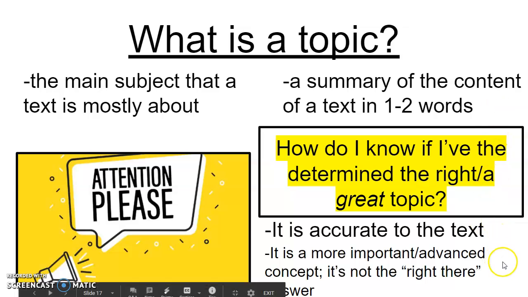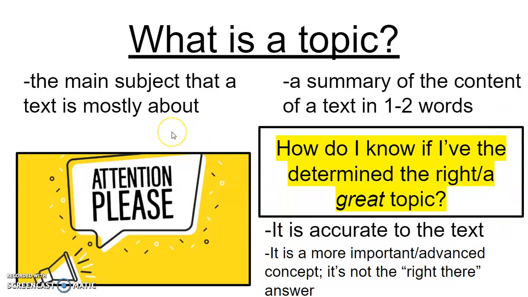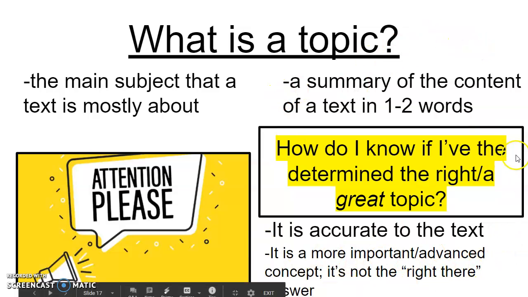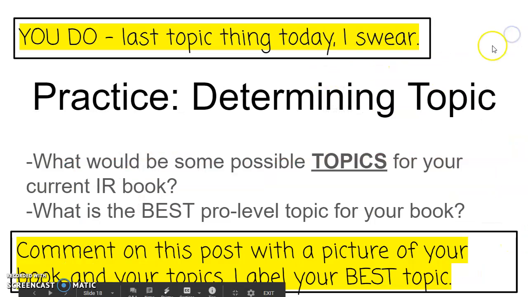More importantly, what we're digging for this year is we are looking for the more important or advanced level concepts and not just the right there answer. So although 6 feet apart is about social distancing, there is a deeper message there, and that is about the power of connections. You have to do a little bit more work, but that is what is taking us from your previous years talking about topic to today.